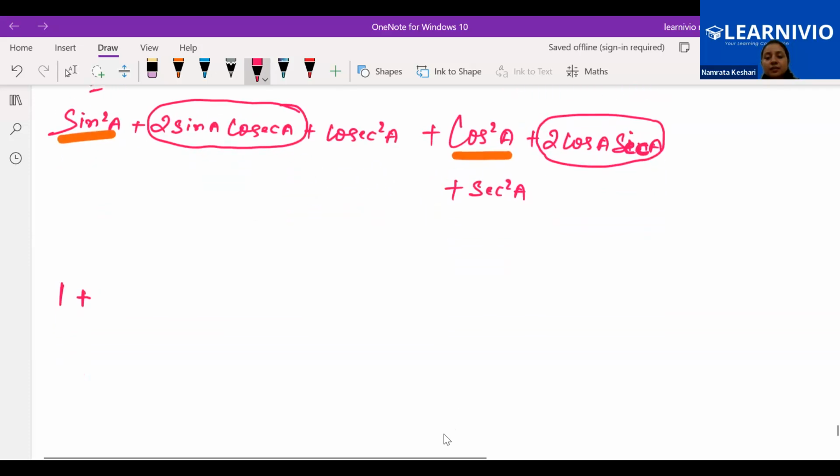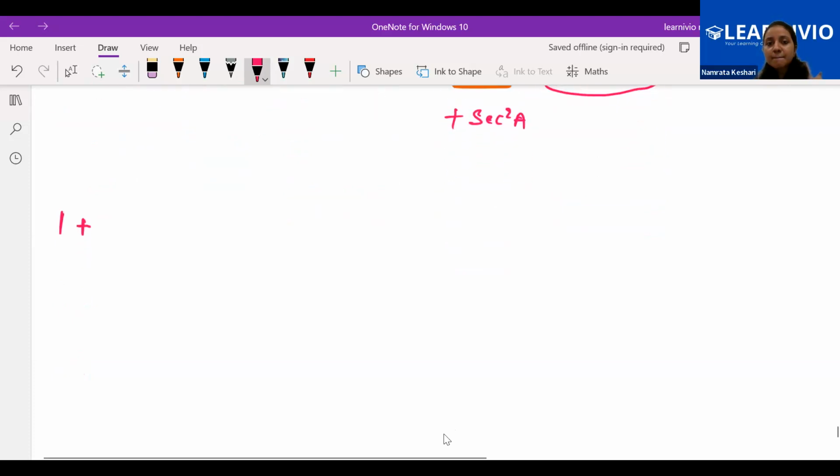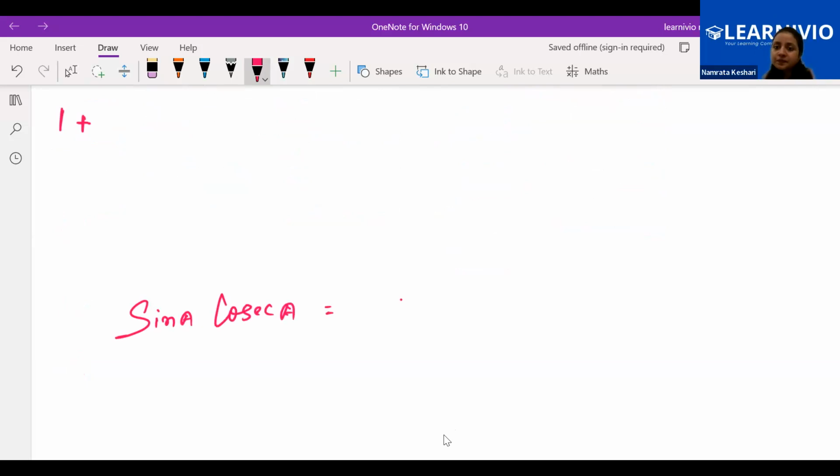Sine A into cosec is... cosec means 1 by sin A. Then the result will be the sin square into 1 by sine A. We can cancel and the result is 1.